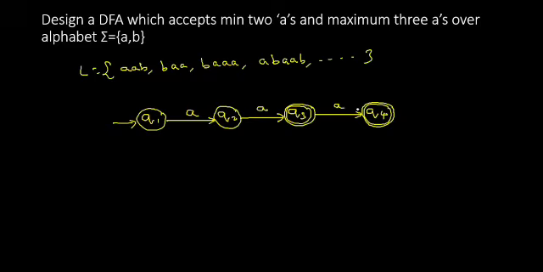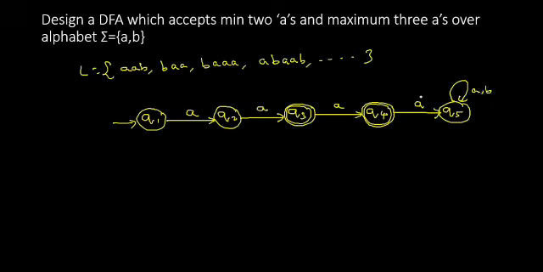So this will give me the answer for up to 3 A's. But B does not have any restriction. In Q4, when I get a fourth A, definitely it should not get accepted. So I move to a state called Q5 and make that a trap state. This Q5 trap state will accept A and B together.